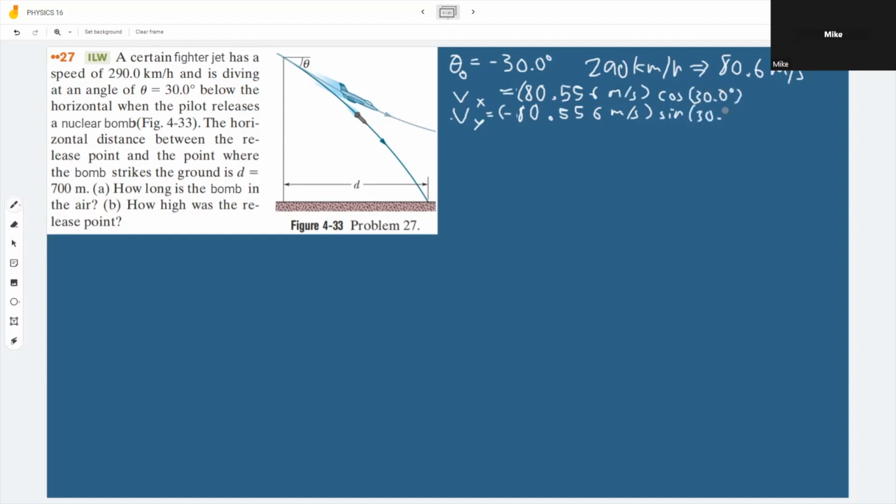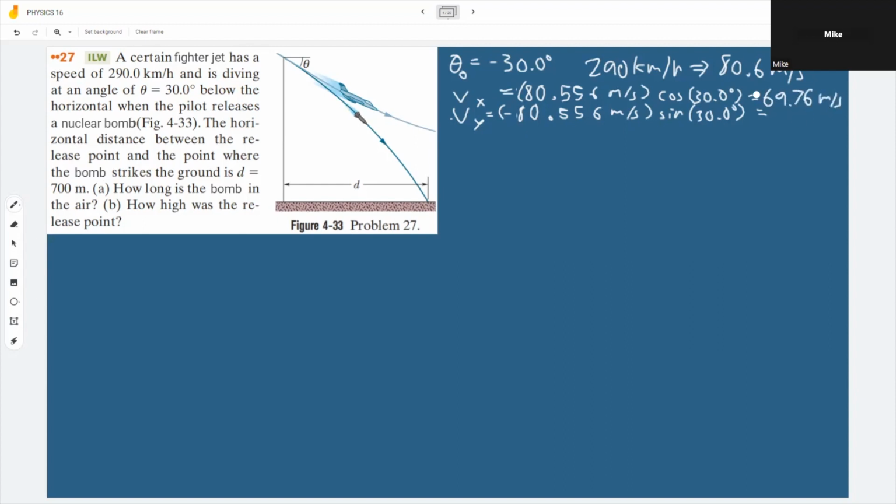Okay. Where's my picture? There, okay. So, ito pala ginawa to. Okay, so V sub x is 69.76 meters per second.